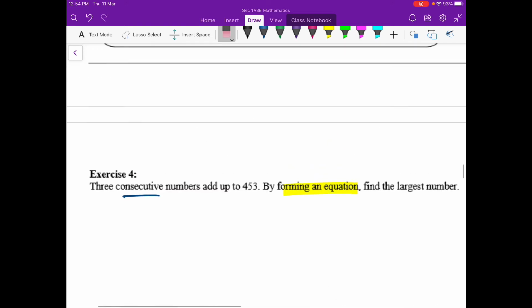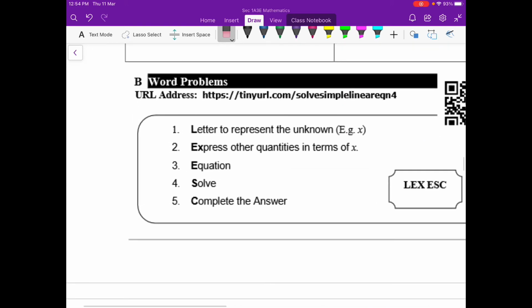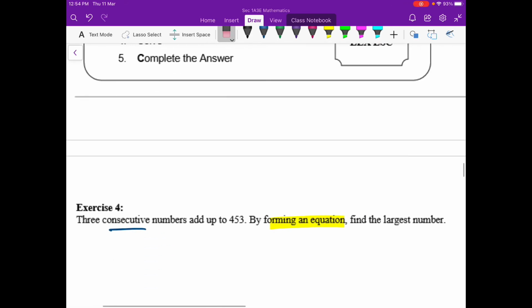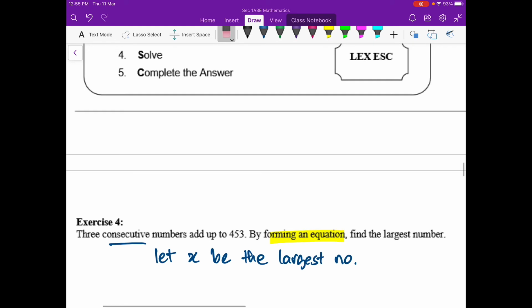And you can follow these steps. First, letter to represent the unknown. What is the unknown? The unknown is the largest number. Okay? Let x, so this is how we start. Let x be the largest number. So I literally followed the instructions.